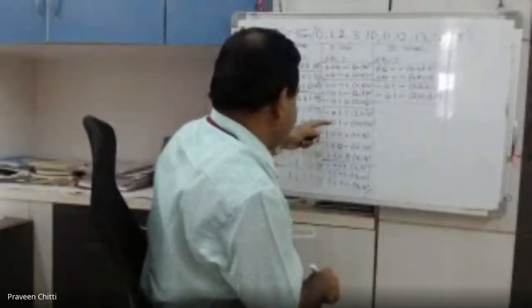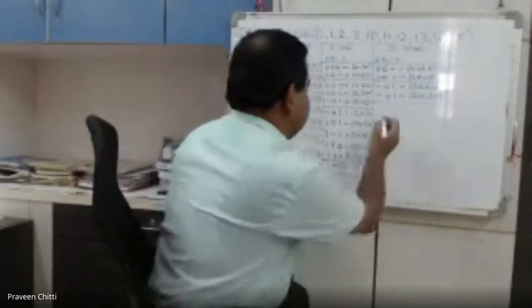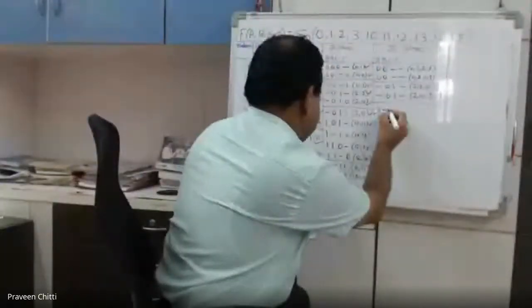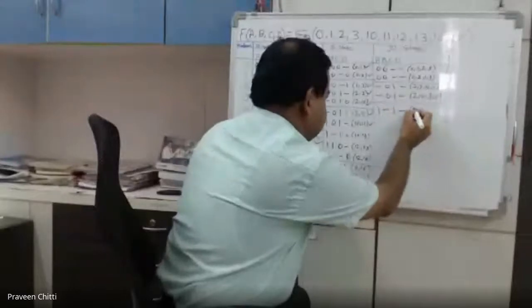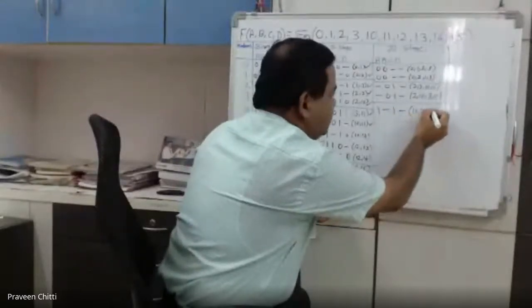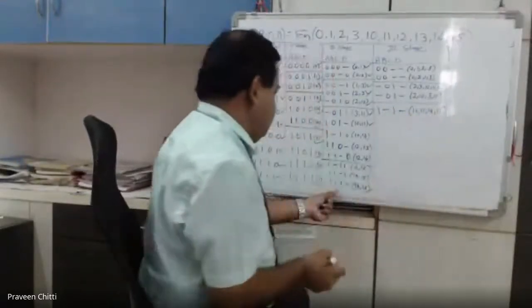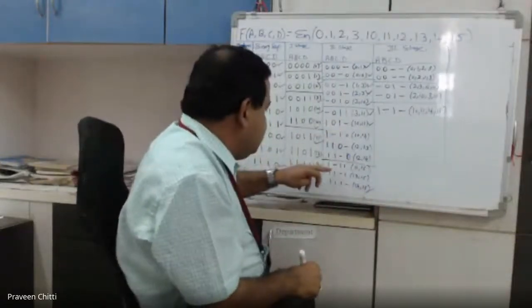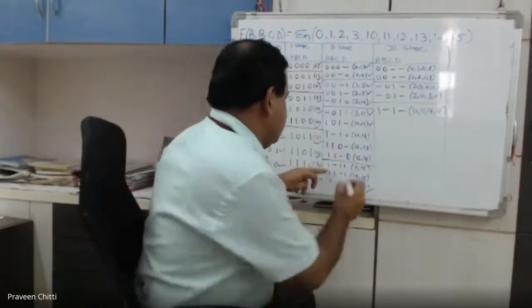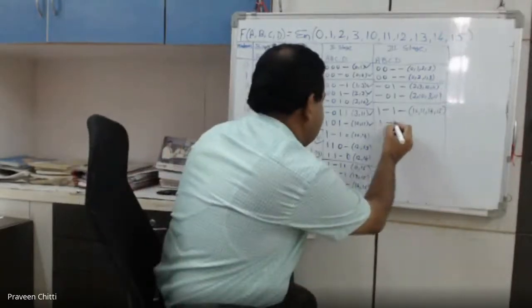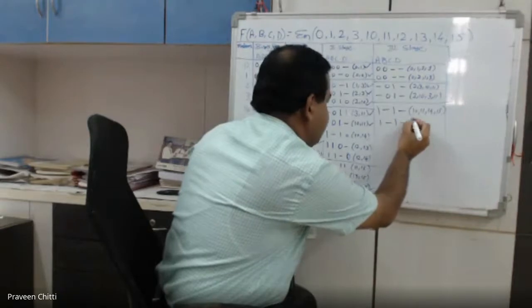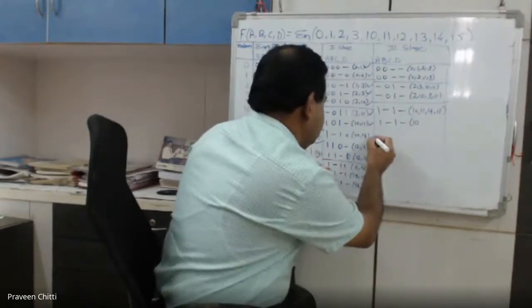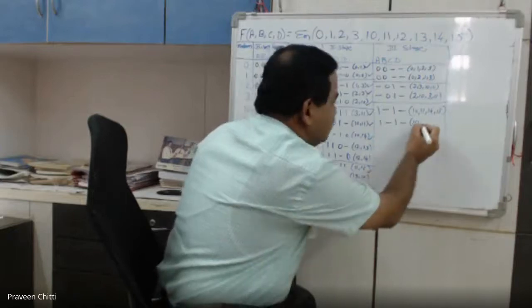So 10, 11 and 14, 15 becomes 1 dash 1 dash, 10, 11, 14, 15. Then 10, 14 and 11, 15 can be combined and I can write that as 1 dash 1 dash, that is 10, 14, 11, 15.